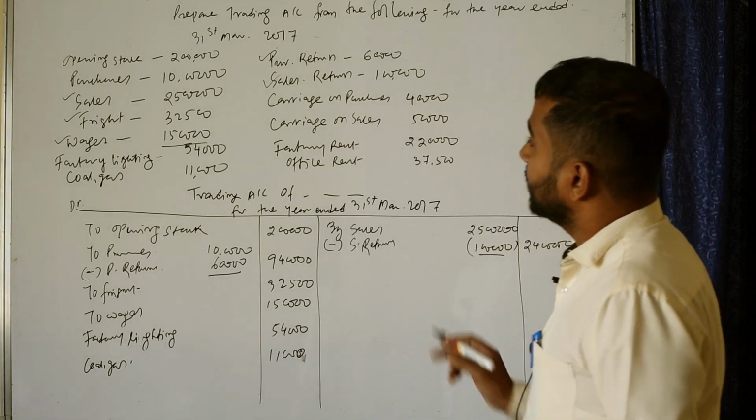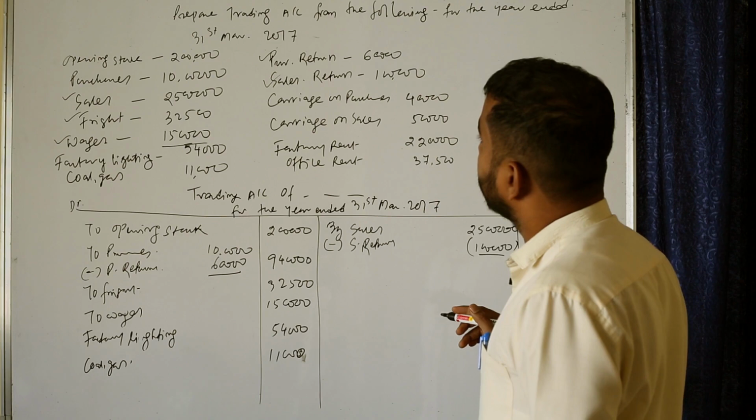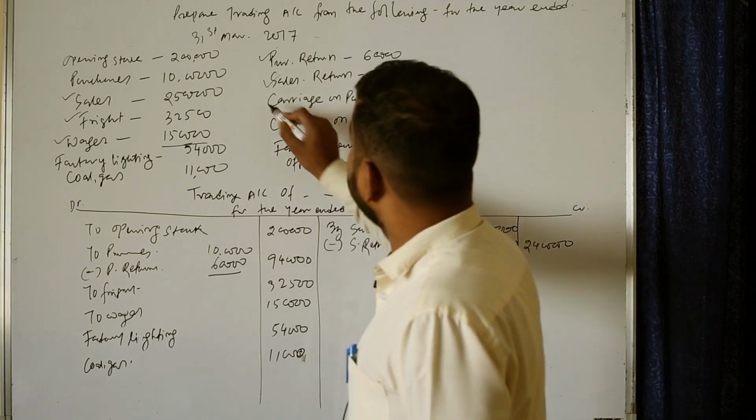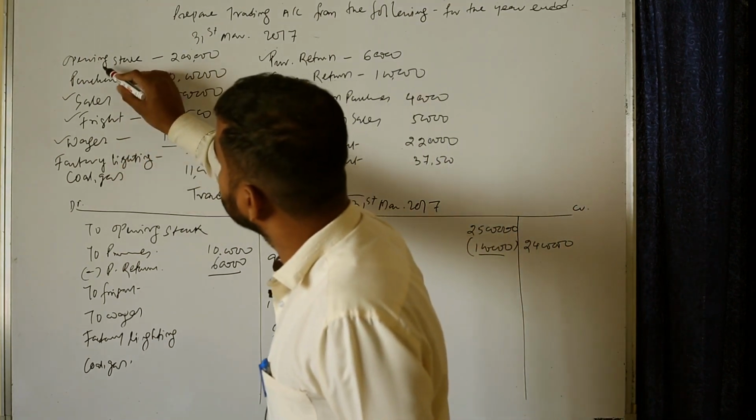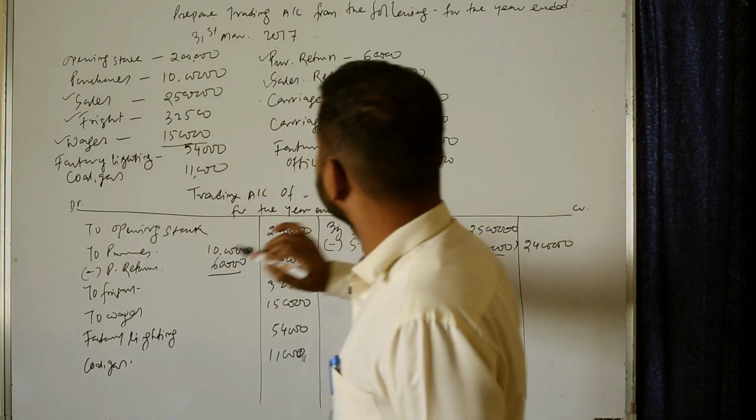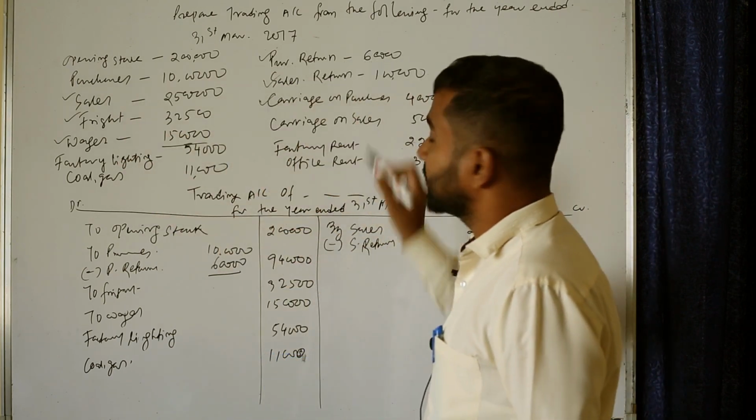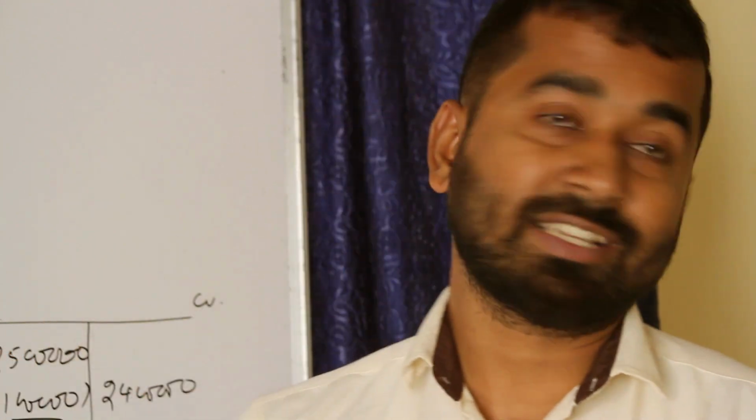Now see, what are the things left on this side? Carriage. This whole part we have seen, right? Opening, purchases, sales and all that. Okay, now carriage on purchases. We know that carriage on purchases is nothing but the carriage inwards. Indirectly, this is a part of the debit side of the trading account. So expenses are direct.